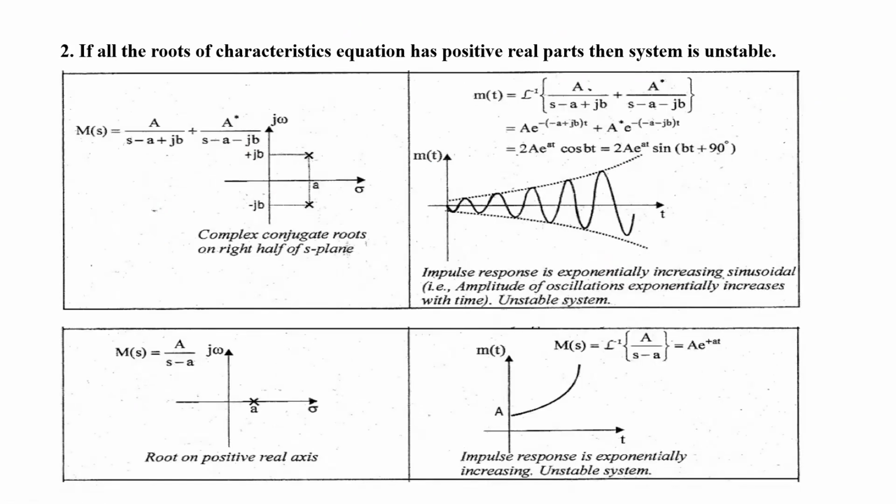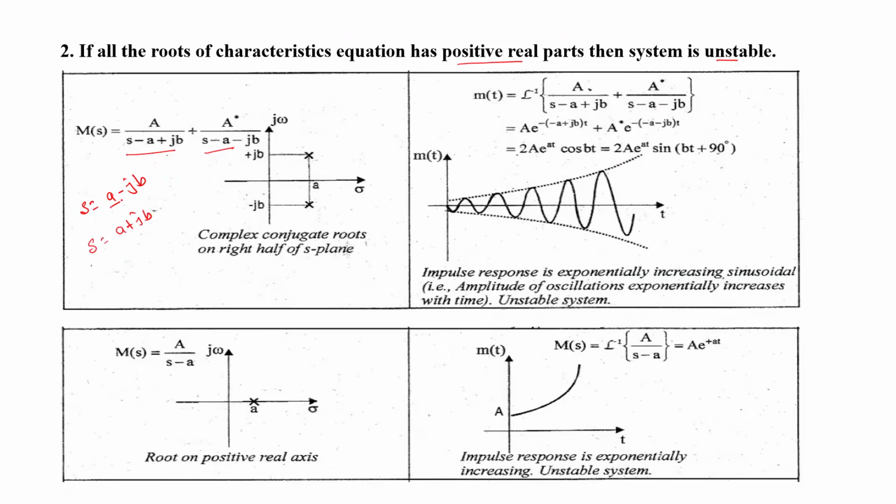Now, another situation is if roots of the characteristic equation have positive real parts, then the system is unstable. So for the first one, this will be a, and if you equate to 0, we'll get s equal to a minus jb, and from the second term we'll get s equal to a plus jb.